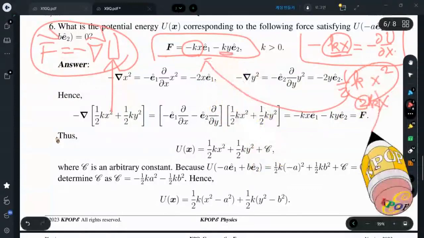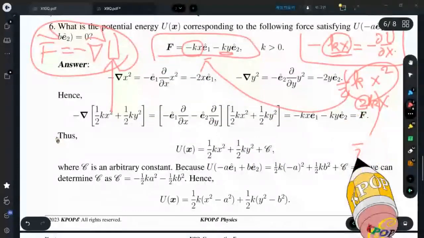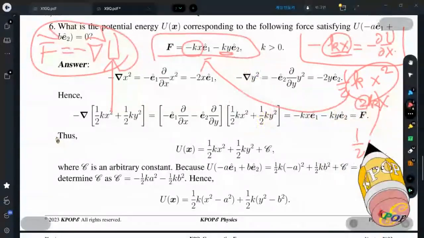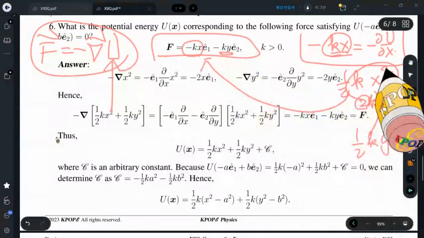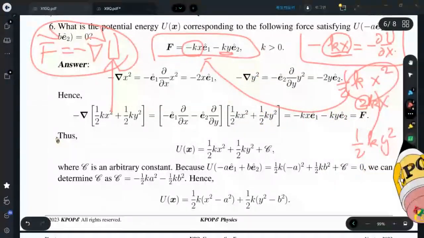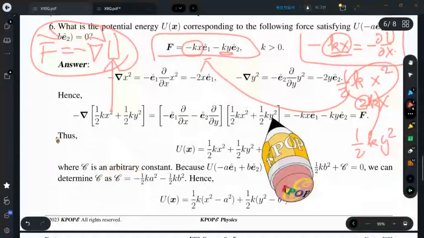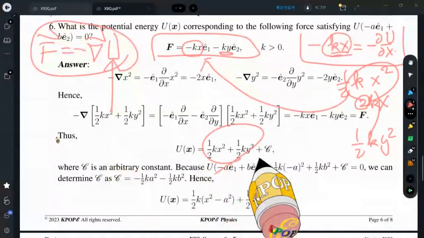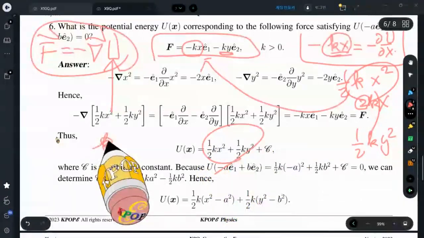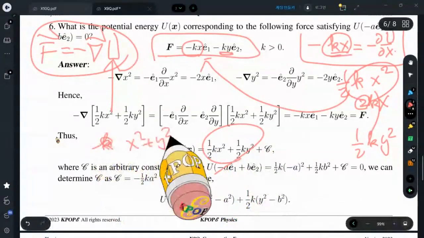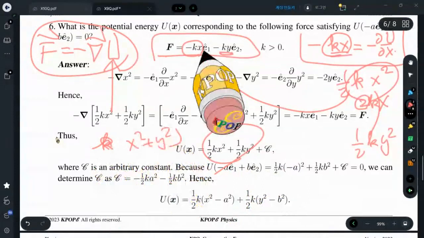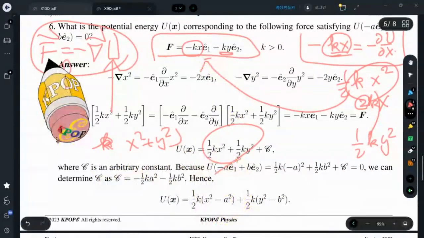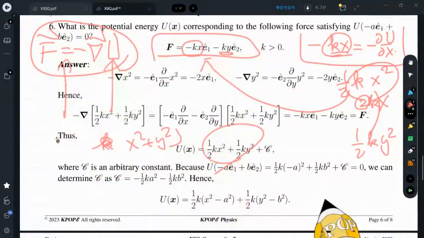If it was kx squared for the x component, then the y component is trivial: 1/2 ky squared. Without complicated calculation, I can write down 1/2 kx squared plus 1/2 ky squared. You can say that it is just x squared plus y squared. Try this and find the coefficient appropriate to reproduce the force, minus gradient U.